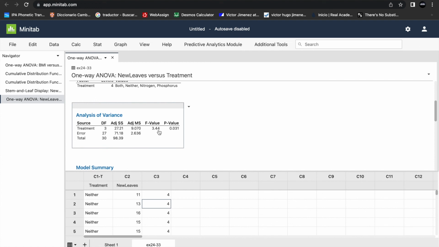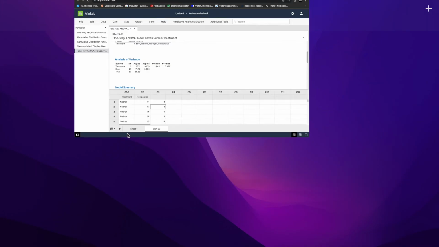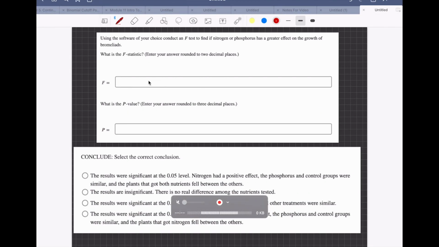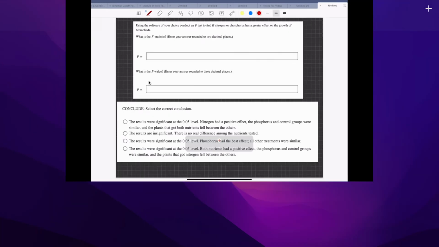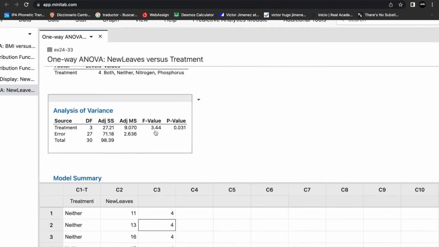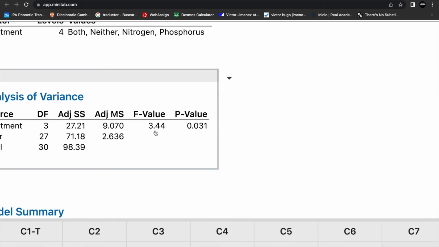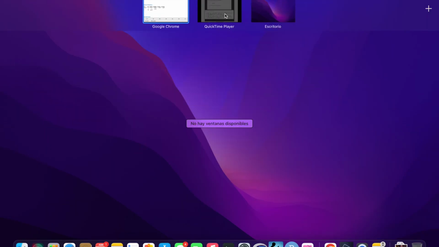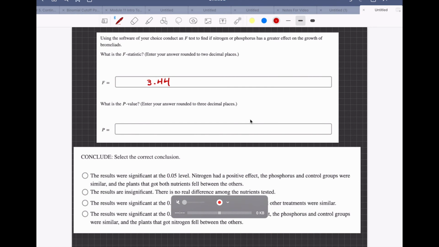The F value is 3.44. Well, what is it asking for? F is 3.44. This one, see? And the p-value is 0.031.